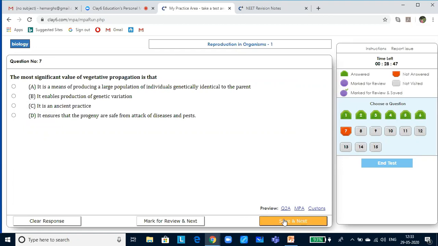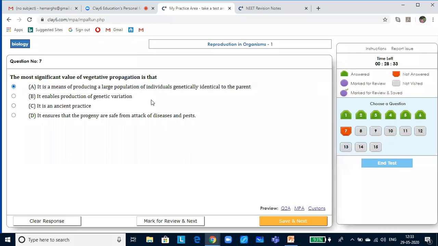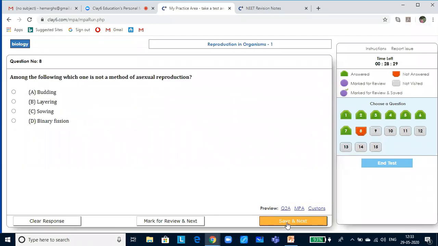The most significant value of asexual reproduction is producing a large population of individuals genetically identical to the parents.